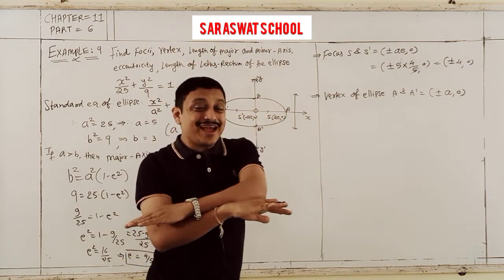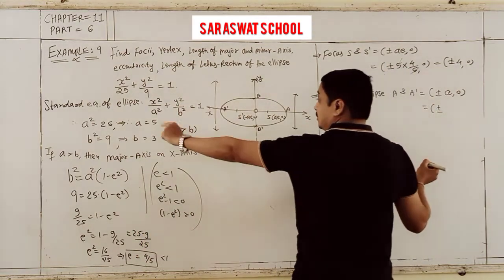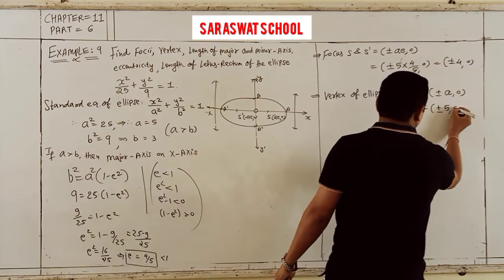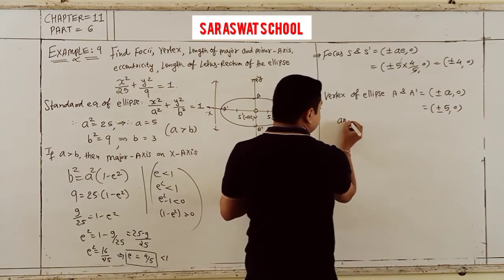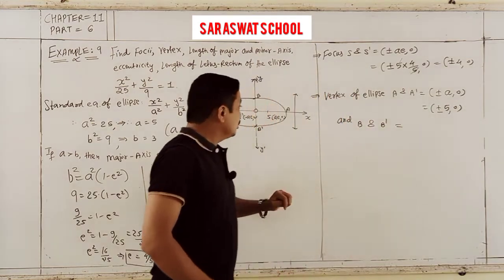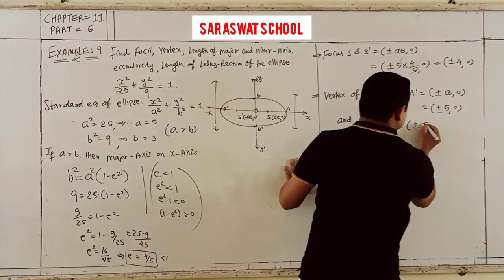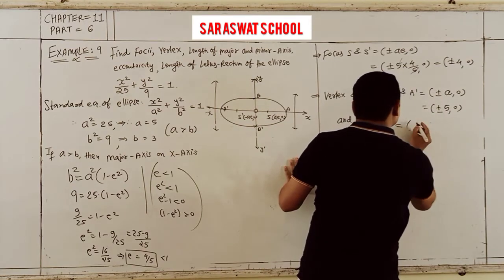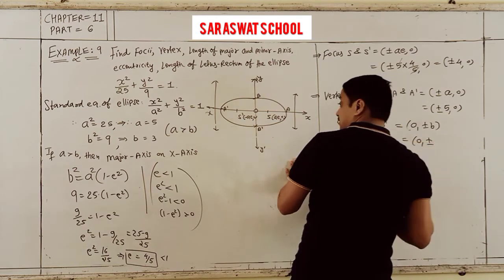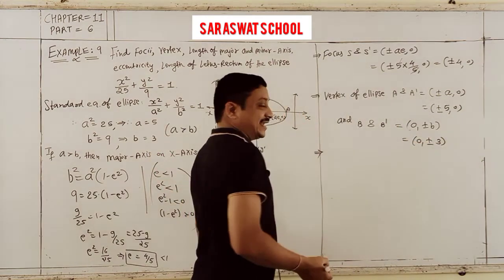A is 5. And B and B dash are the vertices along the y-axis, 0 comma plus or minus b, and b you know is 3, and that also finishes our vertices.